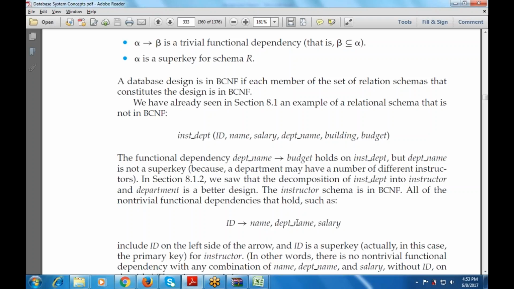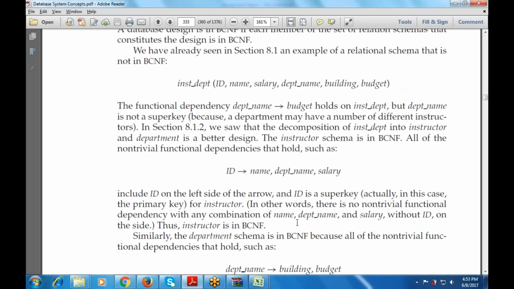And we saw the decomposition method. The instructor schema is in BCNF: all of the non-trivial functional dependencies that hold, such as ID → name, department name, include ID on the left side of the arrow.